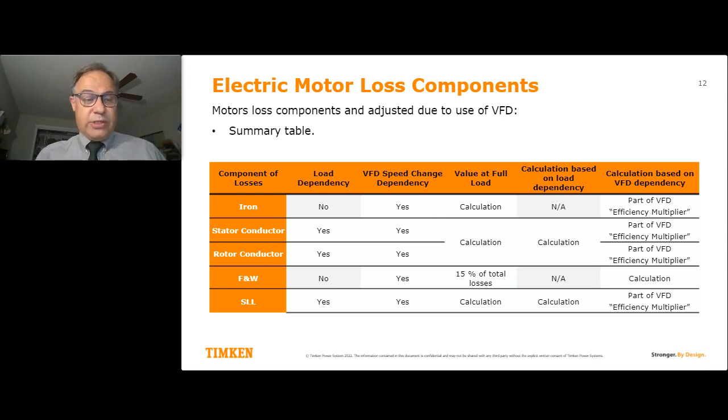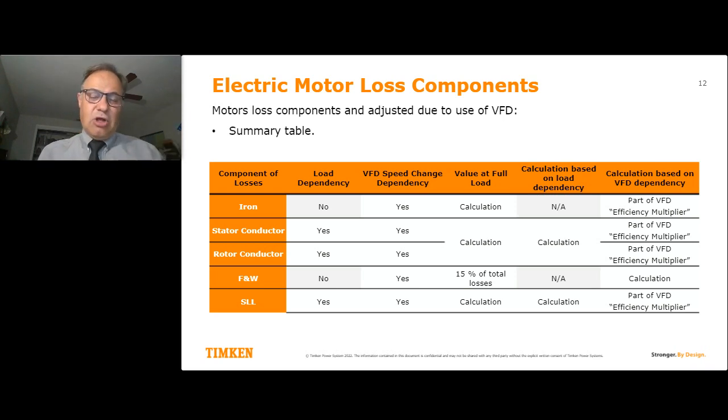Then we can look at which of these losses will change because of the load, and then I will do that load dependency calculation. And for the last portion, I can now say which of these losses is actually part of my VFD efficiency multiplier. Again, I don't want to treat the VFD unfairly and just apply this multiplier to everything, because the friction and windage doesn't apply to that, the VFD efficiency multiplier.